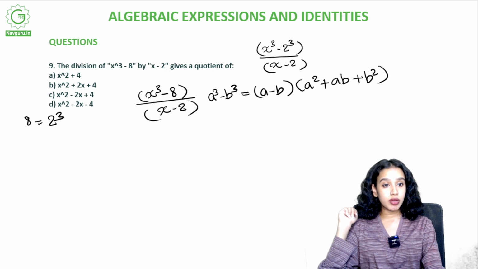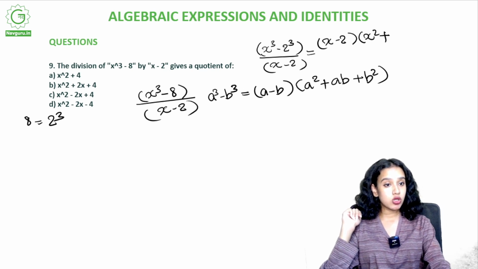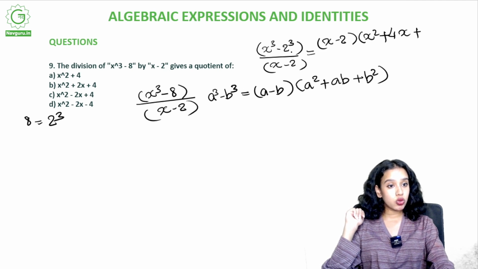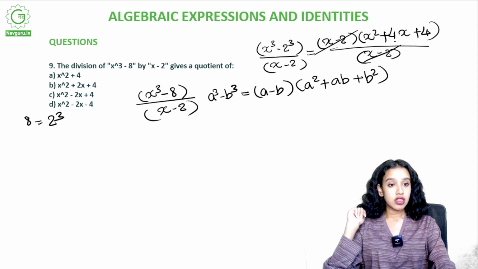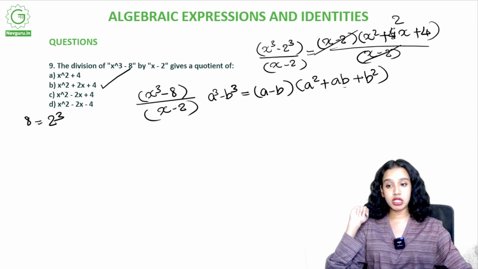So we could write x cube minus 2 cube as x minus 2 into x square plus 2x plus 4, divided by x minus 2. So we could cancel both these x minus 2 out and we'll get x square plus, oh sorry, this would be 2x because it's ab, not 2ab. So x square plus 2x plus 4 would be the answer.